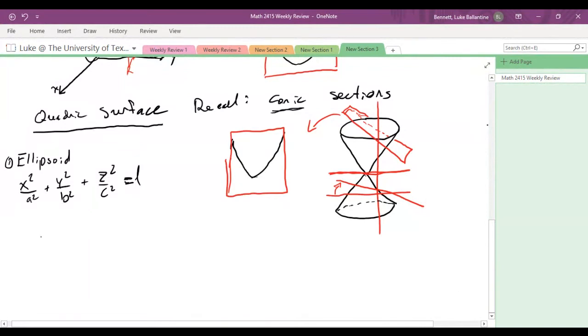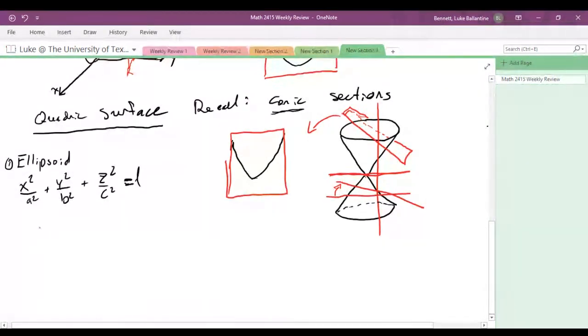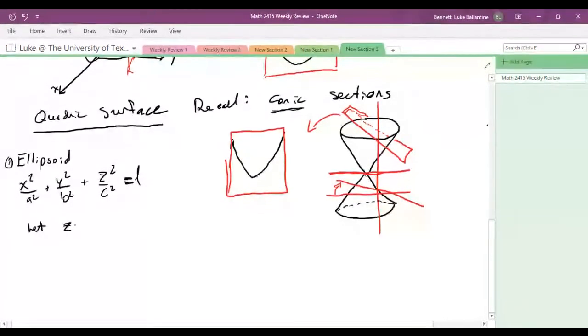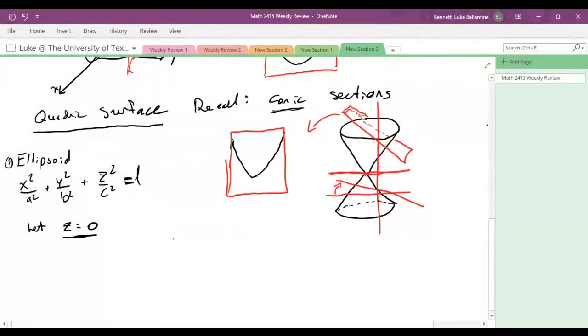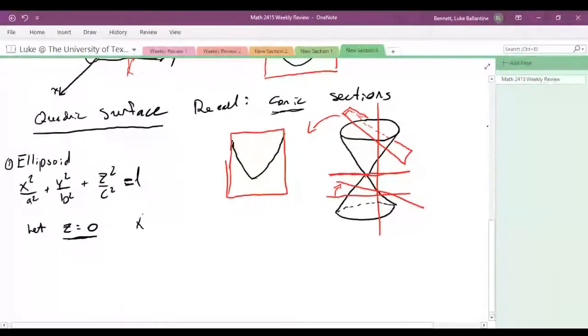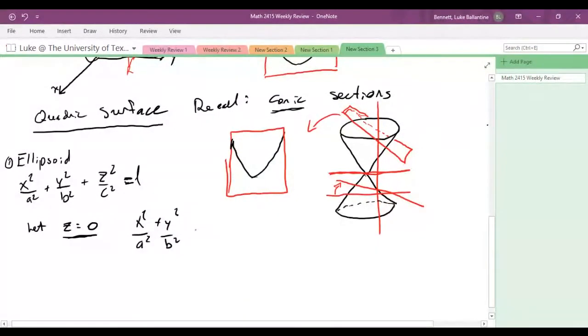Now notice what happens if I let any of the variables equal 0. Let z equal 0, for instance. We have what this looks like on the xy plane. Then we would be left with x squared over a squared plus y squared over b squared equals 1.